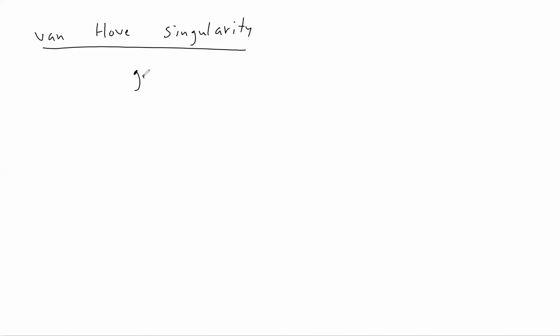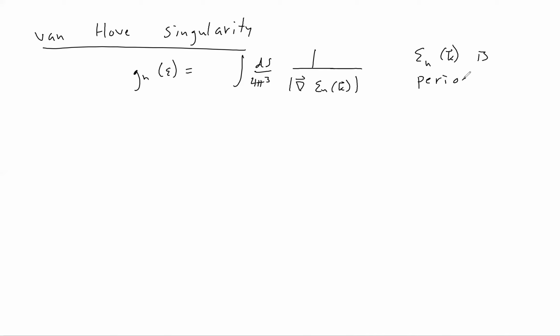Let me write down our expression for the density of states. Because E is a periodic function, as we discussed in the last lecture, it's periodic in K. There will be values of K for which this gradient vanishes.